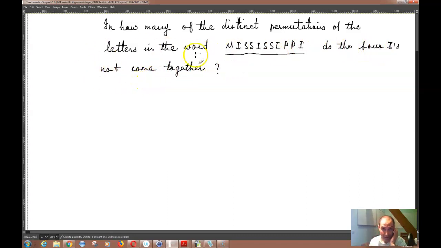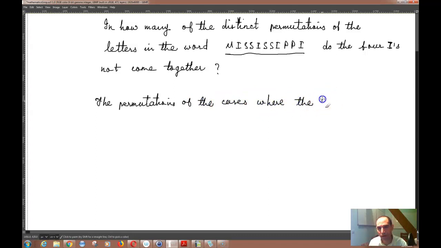So there is no way for me to calculate the permutations of the cases where the I's don't come together.